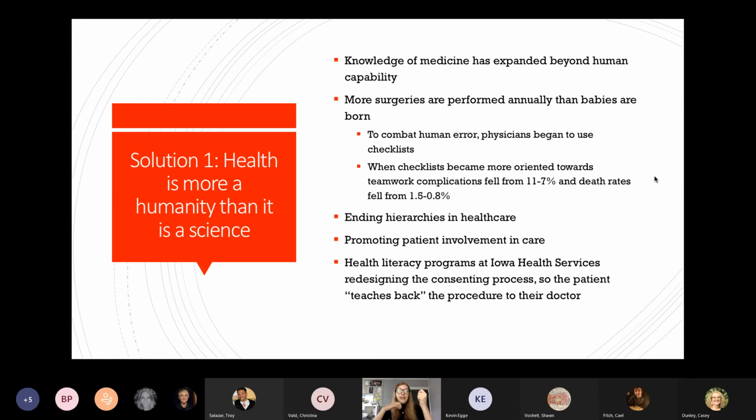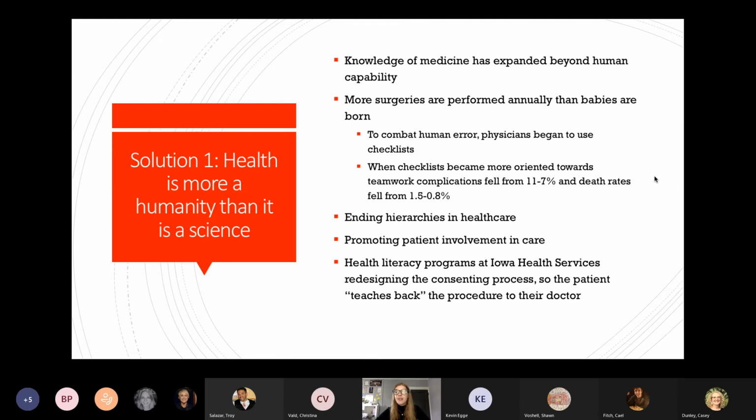So when things like error happen, they don't feel they can speak out about it for fear of losing their job, for being undermined. So these hierarchies create a barrier between physicians, and it makes it very hard for them to communicate effectively with each other. Because, like I said, human error is inevitable, but if people don't feel they can speak out about it, people die.